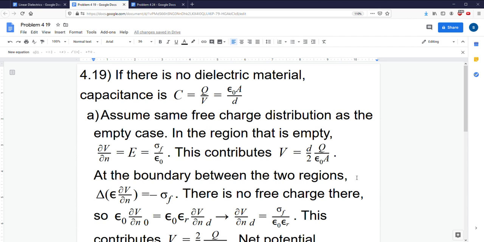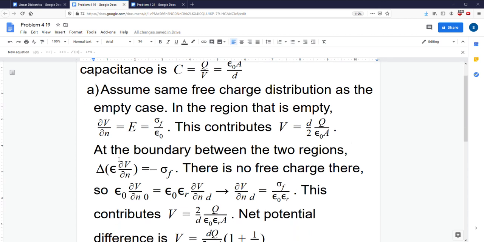Now when entering the dielectric material, the electric field and the rate of change of potential need to follow this formula right here. One thing that really helps us, this is again the free surface charge density. There is no free charge at the boundary between the air and the dielectric.